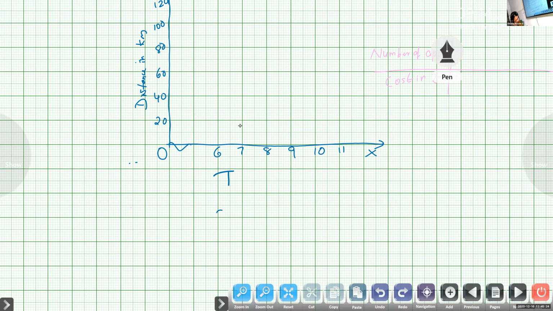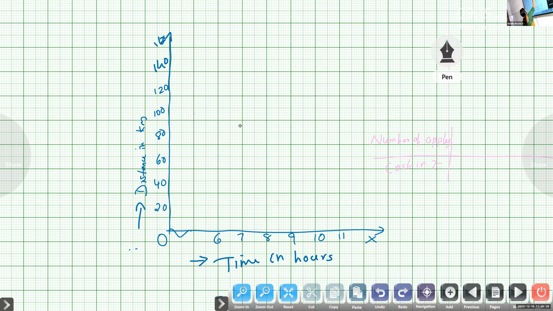Then 8, 120. Then 9, 160. Join the points.